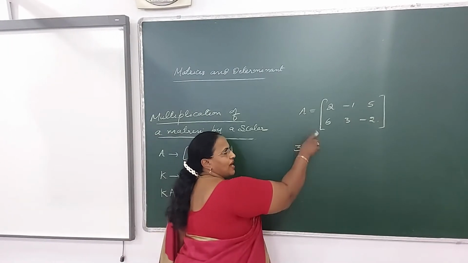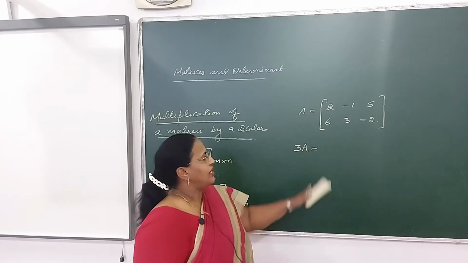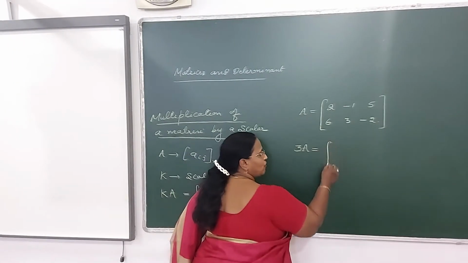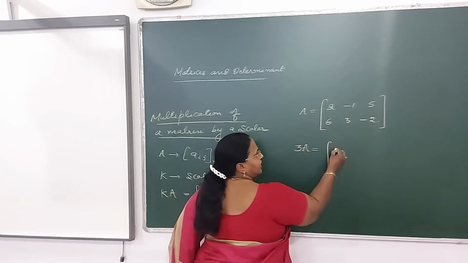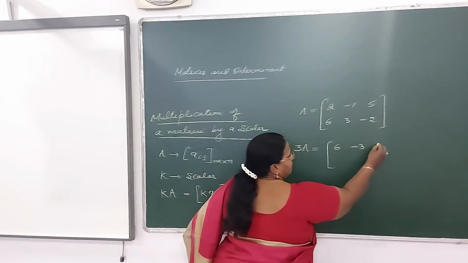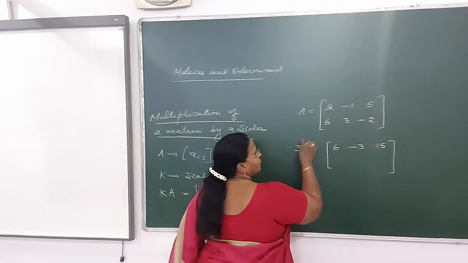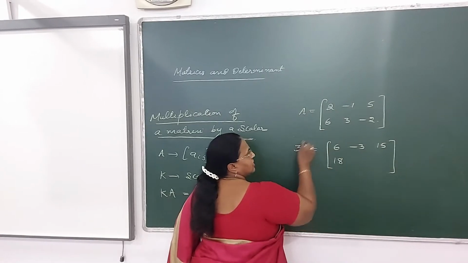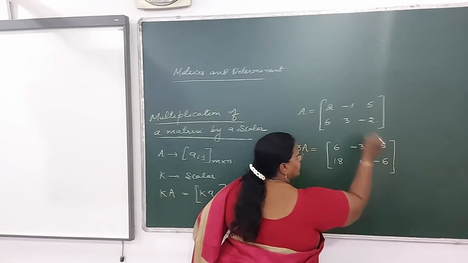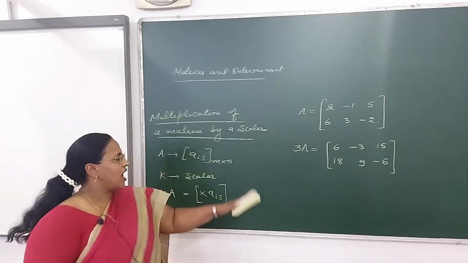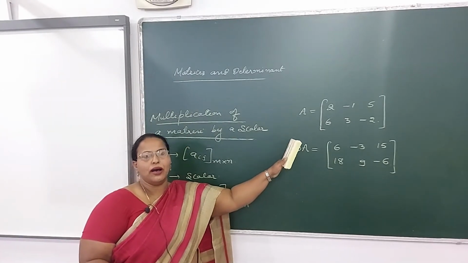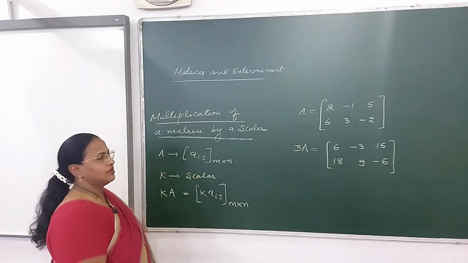This 3 you have to multiply to each and every element of the given matrix. So it's 3 into 2, 6. This is minus 3. 3 fives are 15. 3 into 6, 18. 3 threes are 9. And this is minus 6.